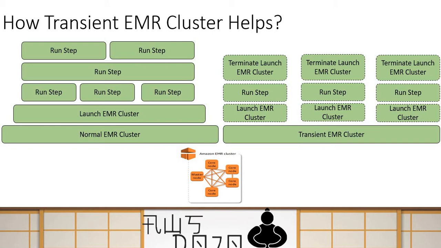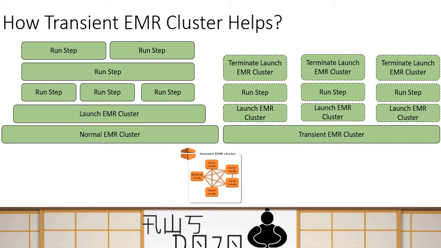Now the beautiful part is that the configuration of your transient EMR cluster is no different from your normal cluster. It's the same thing. The only difference is that in a normal cluster, you don't need to know steps upfront. You simply launch an EMR cluster and then create and run steps at any point of time.